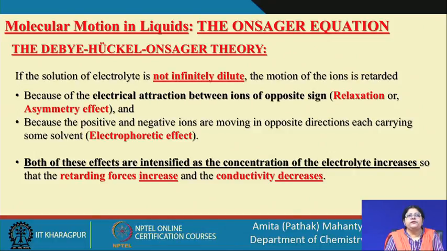Okay. If a solution is very dilute, we can apply the solutions which we have looked into, but if the solution is not very dilute, what happens? The motion of the ions is retarded because of the electrical attraction between ions of opposite sign, opposite charge, and also because the positive and negative charges are moving in opposite directions and carry the solvent molecules. Both of these intensify as the concentration of the electrolyte increases. So far we had talked about a very dilute solution.